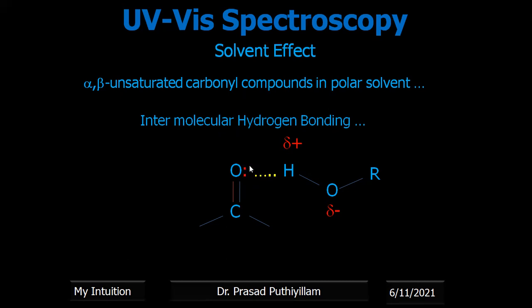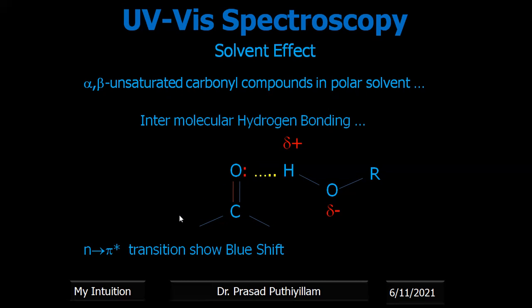That means this lone pair of electrons will be given a little bit to the H also. Therefore, the lone pair of electrons are not free as such. That means for the n to pi star transition, the lone pair of electrons, which we call n electrons, are already partly taken by the solvent, by the H.